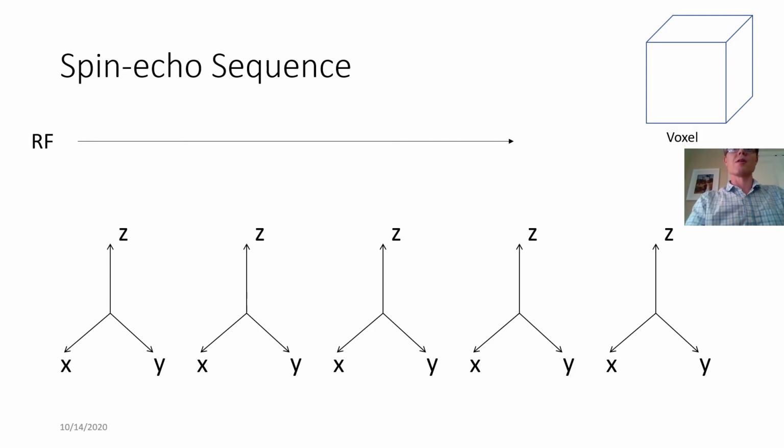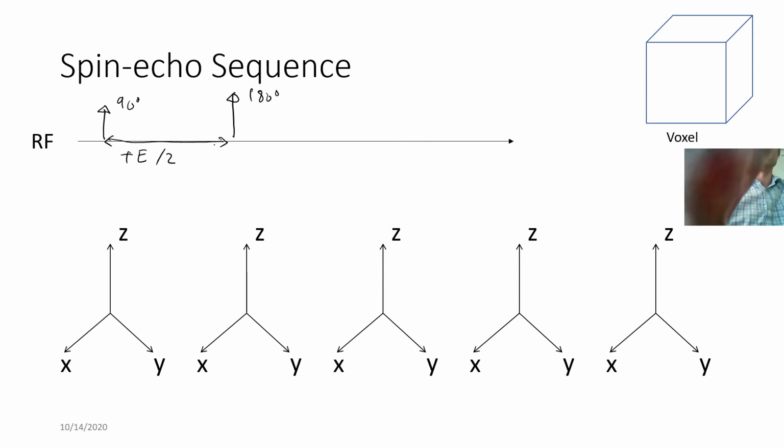And start to draw now the pulse sequence, what this looks like. Spin echo is going to be a 90 degree pulse, followed by a 180 degree pulse, where we do an interval of TE over 2 before, and an interval of TE over 2 after.